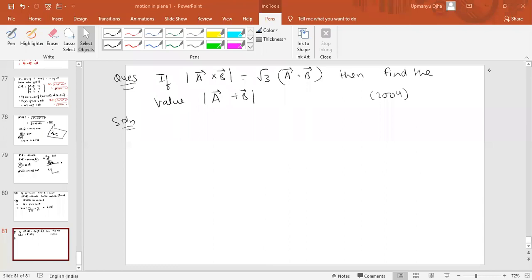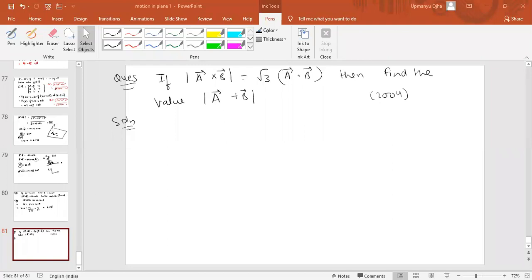Okay, so let me solve this problem now. I think your answer is correct. Rosni, your answer is, I think, correct. Yes. Harini, your answer is also correct.